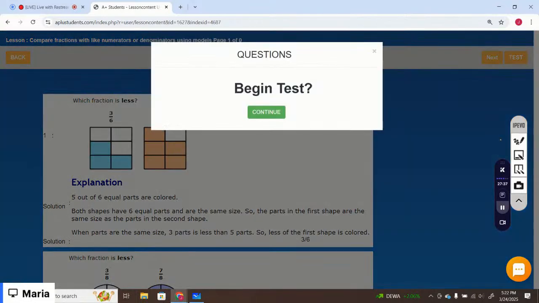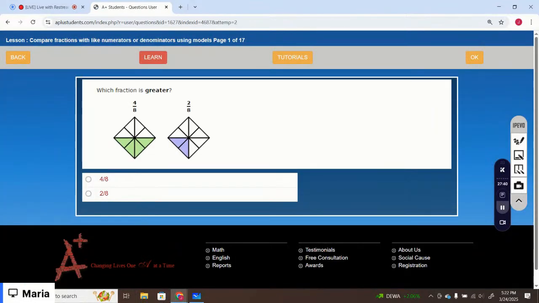Let's just start with the test questions. Which fraction is greater, 4/8 or 2/8?